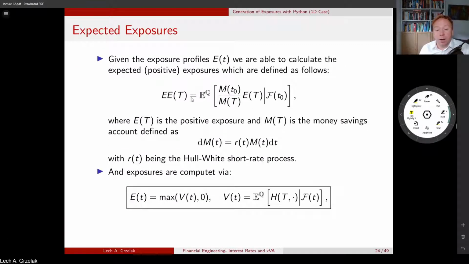So bottom line, we first simulate the money savings account with a short rate, we simulate a short rate process R_T, and then we put everything together to evaluate those expected exposures. In the numerical experiment, I will also simulate potential future exposures at different significance levels to see how those significance levels of the confidence interval affect your potential future exposure levels.